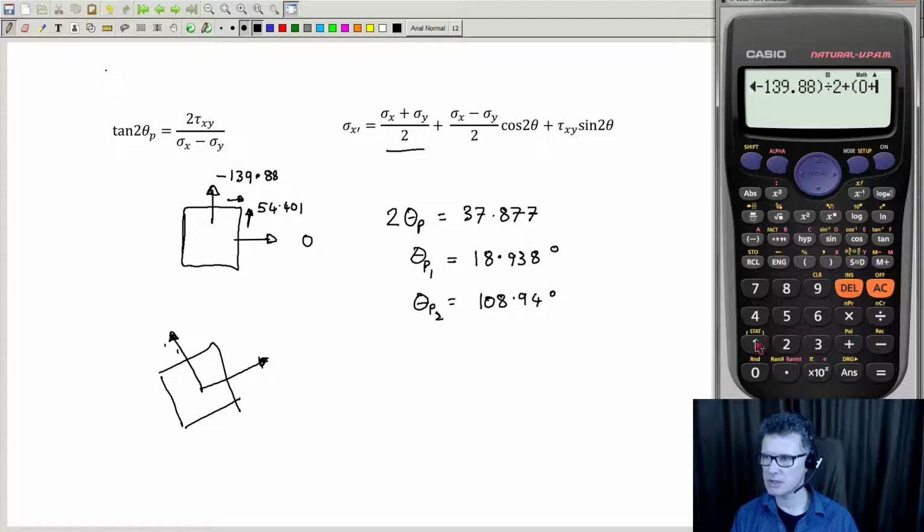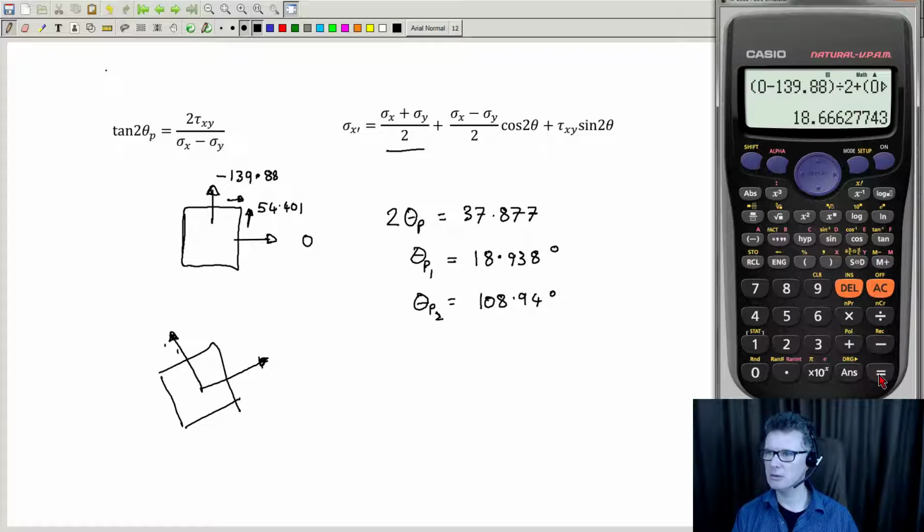Take away, so it's plus 139.88 divided by 2, now times it by cos of 2 times, we're going to rotate it backwards by 18.938 degrees, plus the 54.401 times sine 2 times 18.938 degrees.